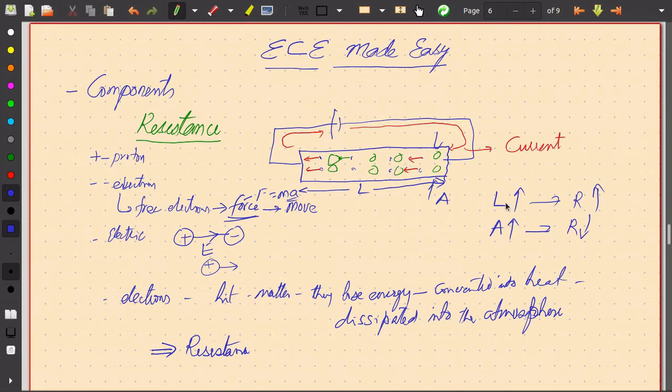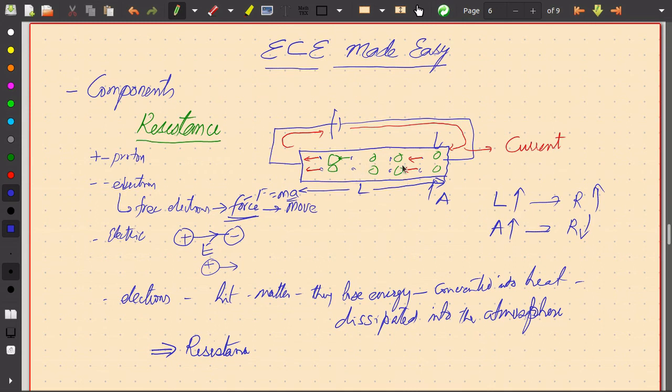So that's what we can say. The longer is the size, the more will be the resistance. The wider is this, the less will be the resistance. And it also depends on the property of the material we are talking about.